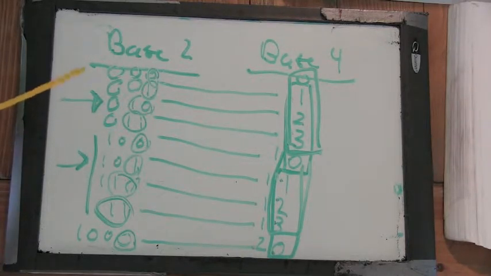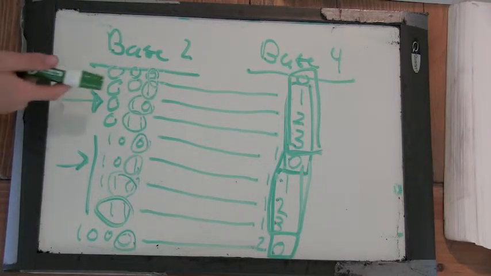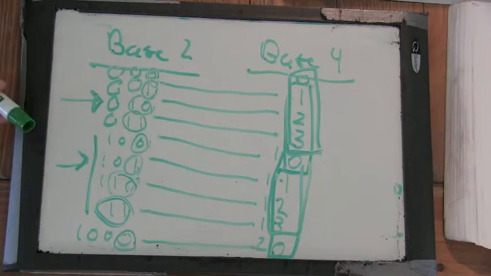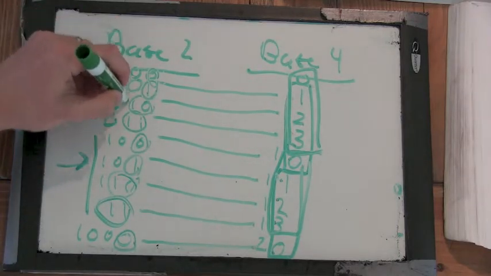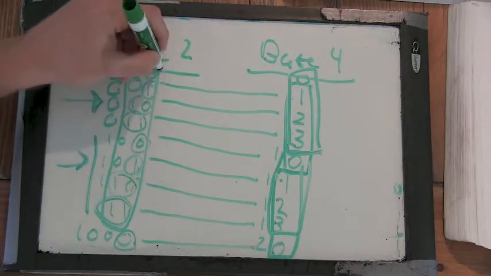So what are the digits in base 2 that seem to produce the last digit in base 4? 0, 1, 1, 0, and 1, 1. Where do those digits live in the base 2 representation? It's the 1's digit and the 2's digit. So the 1's digit and the 2's digit seem to produce the last digit of the number. Why would that be the case?